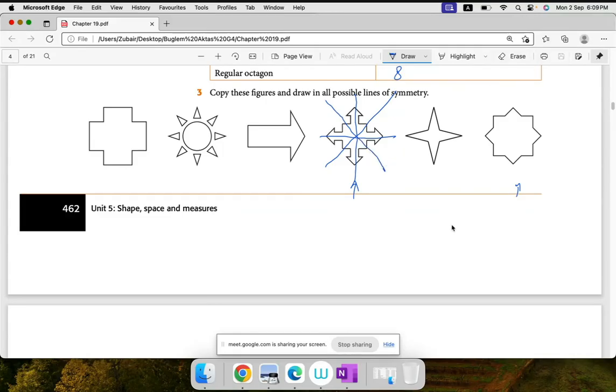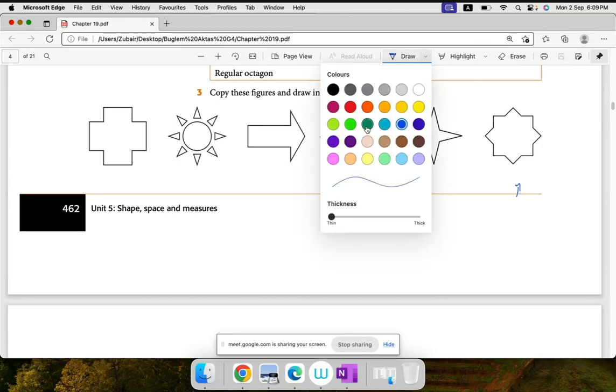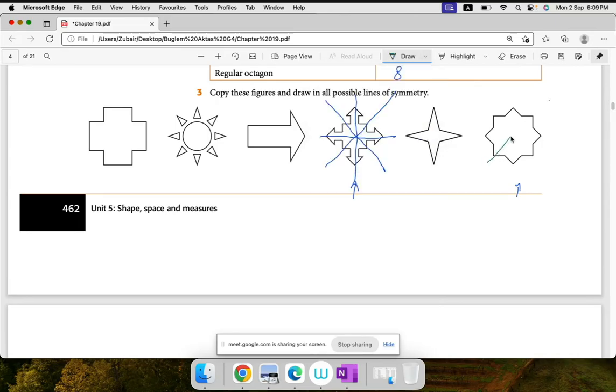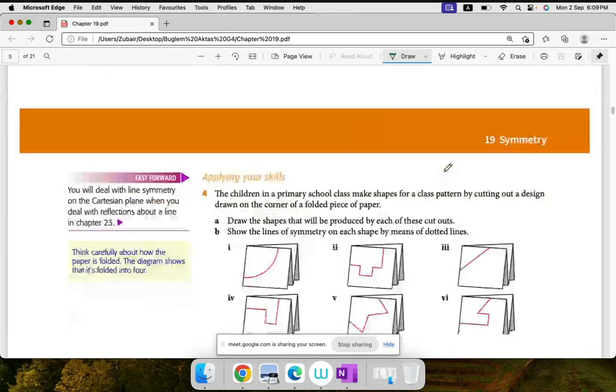And the last one is 1, 2, 3, 4, 5, 6, 7, 8. So we can draw 8 lines passing through the vertices. 4 done. Fifth is this inside point. 6, 7, and 8. That would be much easier with pencil, paper and scale.